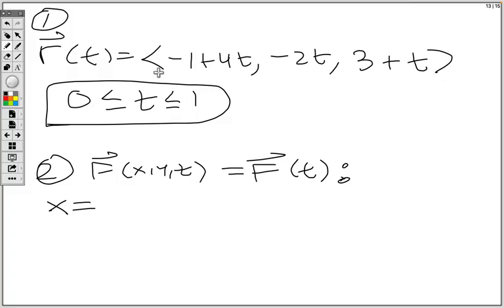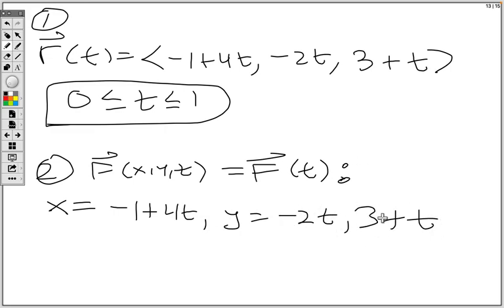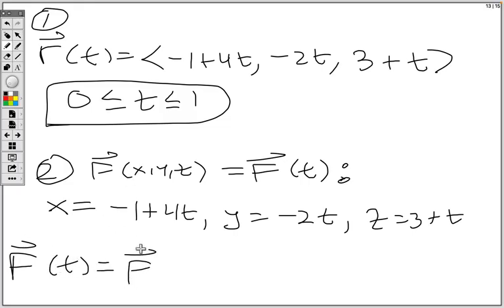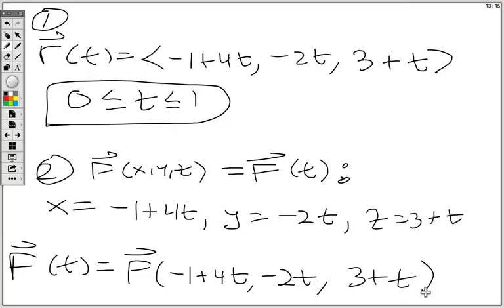On the line segment, x is given by negative 1 plus 4t, y is given by negative 2t, z is given by 3 plus t. So to get my F of t, I'm going to plug in x as this, y as this, and z as that.